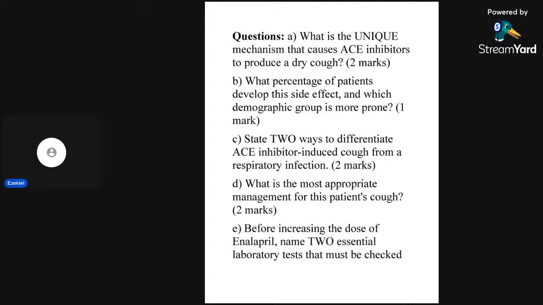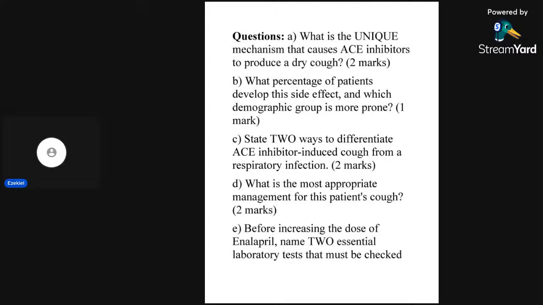Not that it's not common in Africa, it is. I've seen patients who have cough associated with onset of ACE inhibitors. But it's more common in the Asian population. Does not mean that we do not have it here. So just note that.